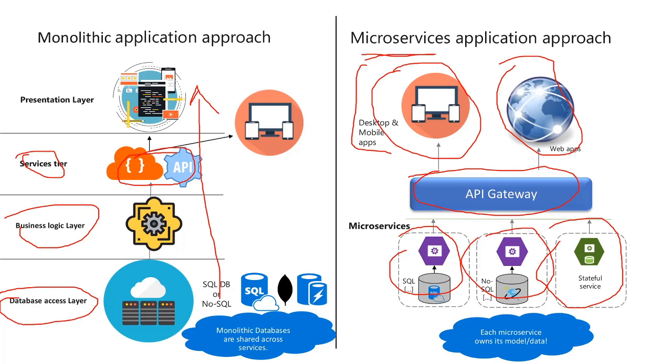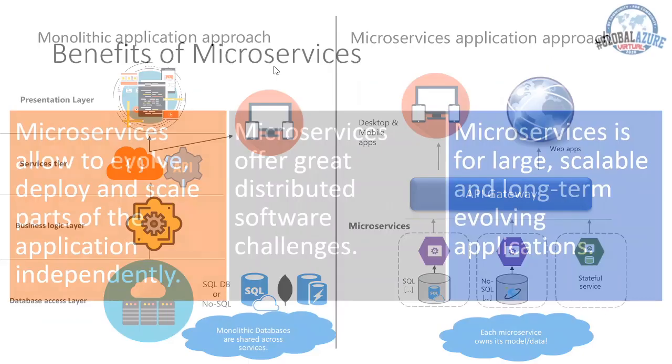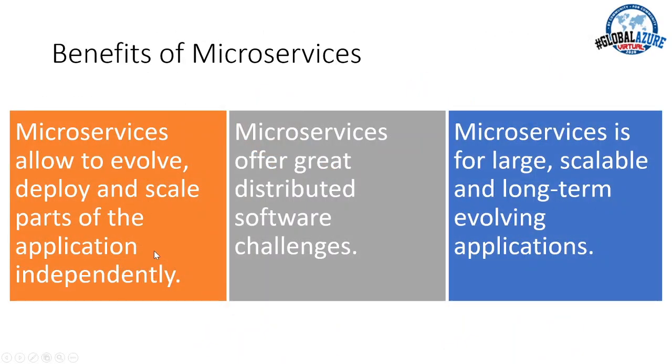They offer great distributed software challenges. But with these benefits, we cannot always choose microservices because they are intended for large, scalable, and long-term distributed applications. Do not underestimate the complexity in implementation and testing.